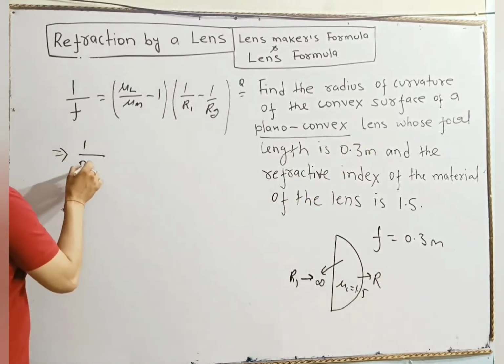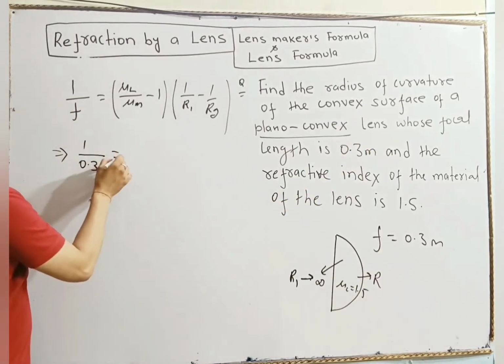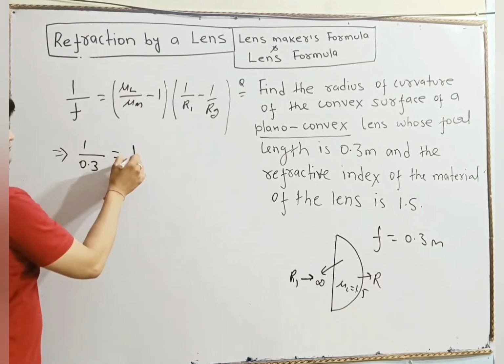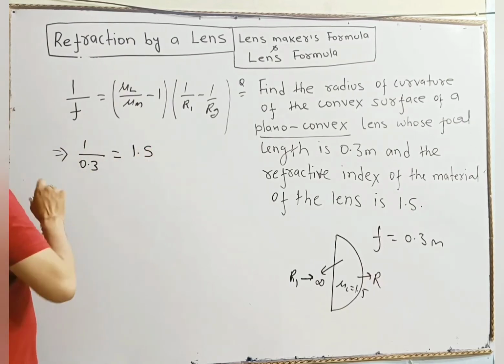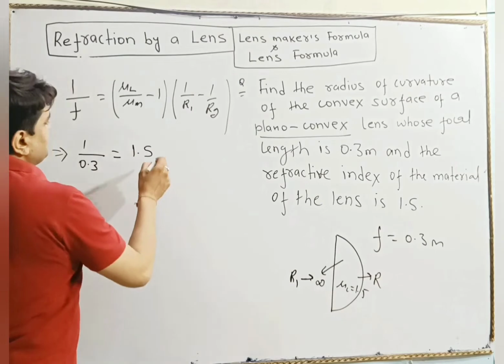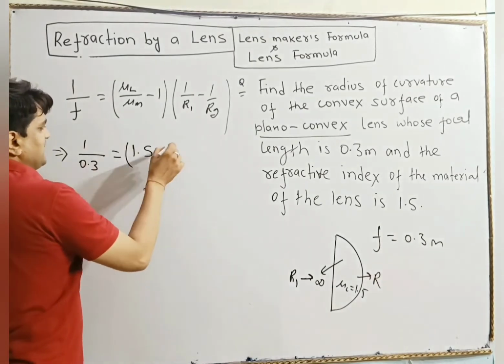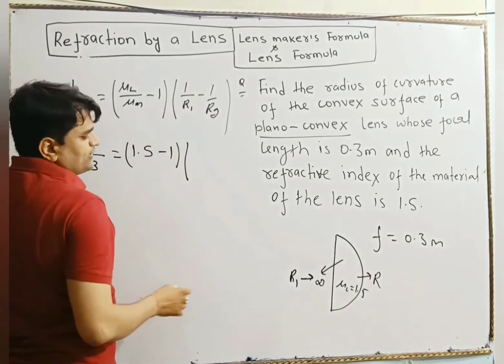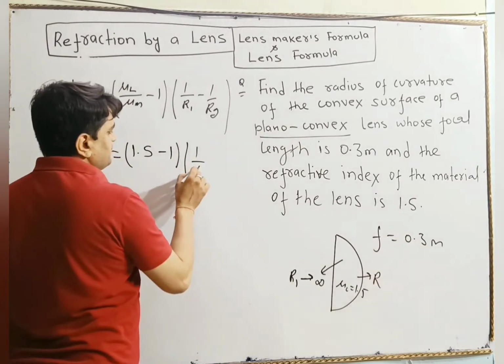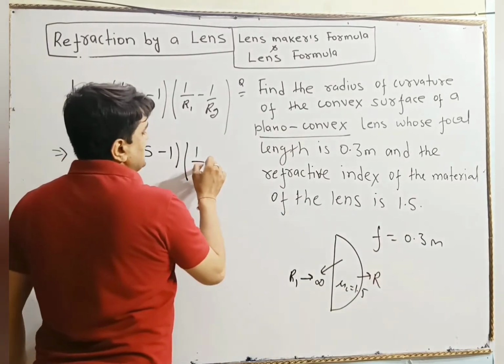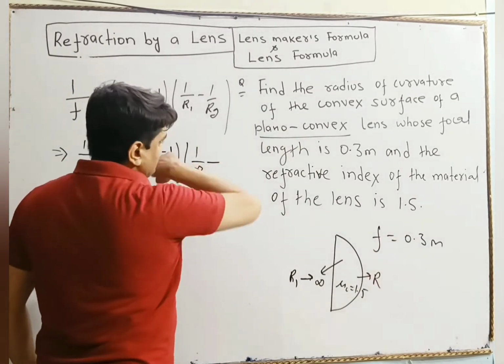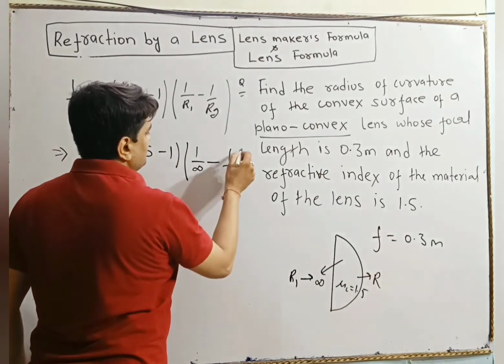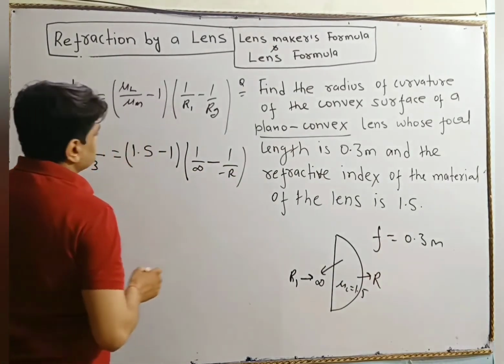That means 1 upon 0.3. And mu l is 1.5. And because medium is not mentioned, by default we take it as air. And 1 upon r, r1 is 1 upon infinity. And minus, it will be minus of r.